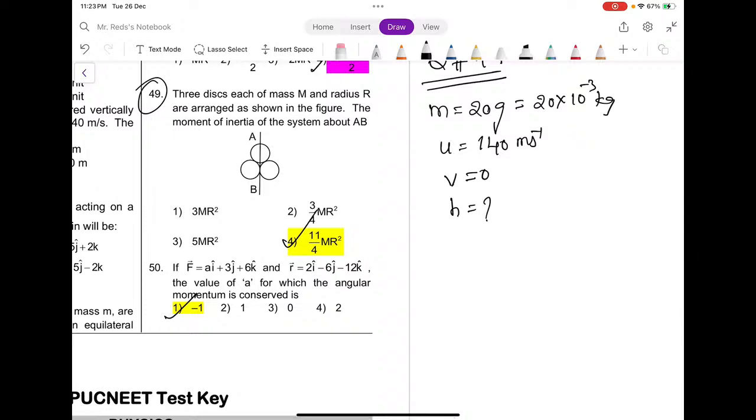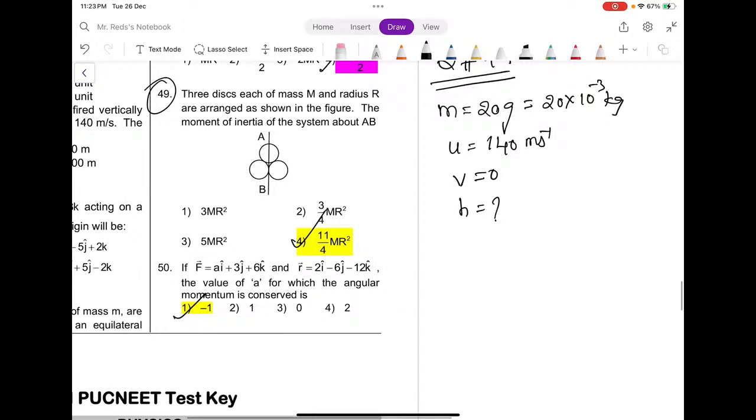Actually you have to use this equation: v square minus u square is equal to 2as. S is nothing but h, you have to find out.